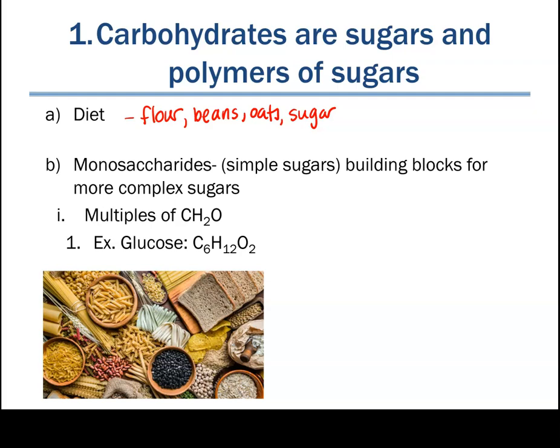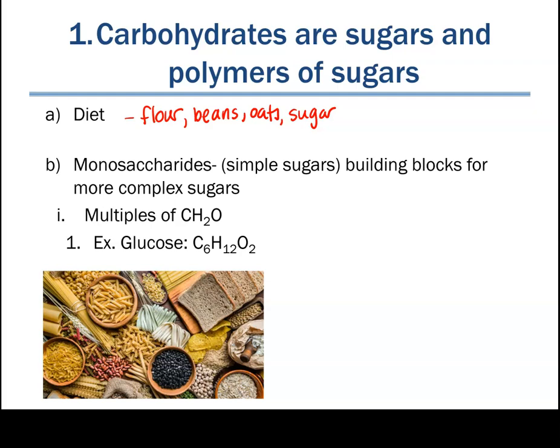All of these are plant-based and they're just delicious. Another big one is corn. I've got a picture down in the bottom that's got a lot of pasta, beans, some tortilla chips, a lot of bread, things like that.